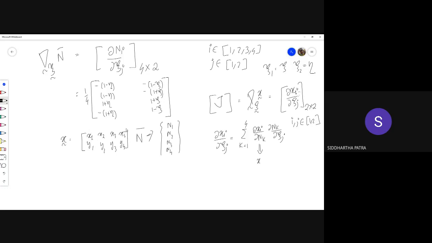And this x1 or xi over here represents x, and x2 is y, which are changing over the geometry. So x and y are changing over the geometry.